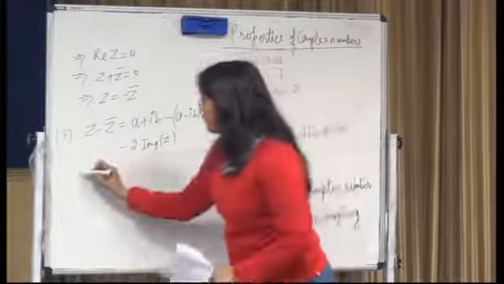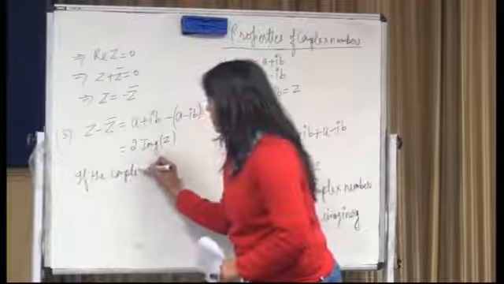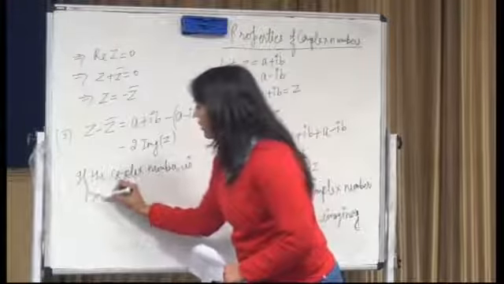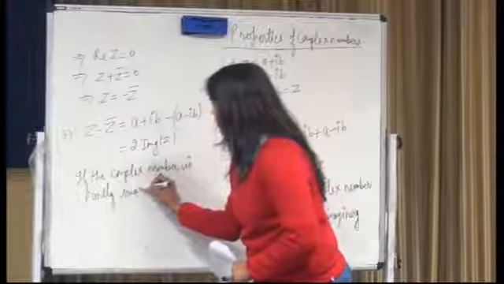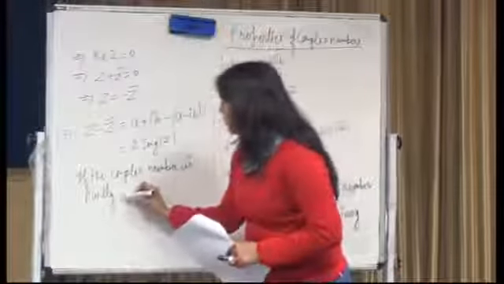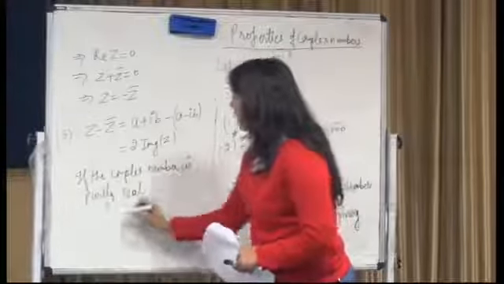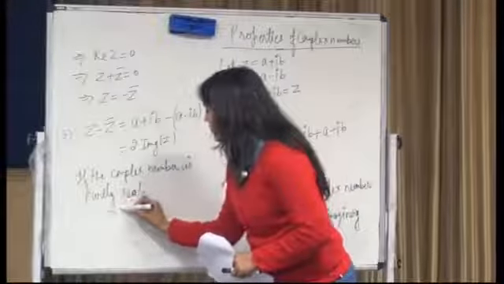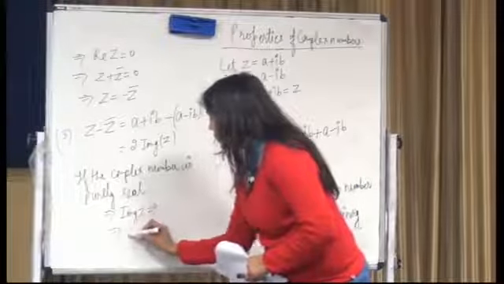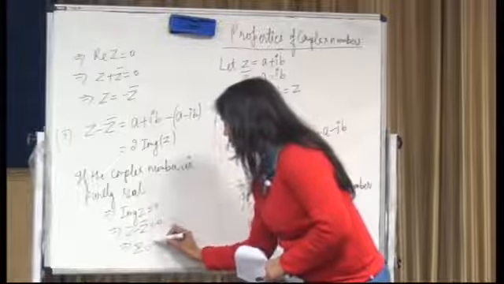If the complex number is real, this implies imaginary part of z is 0, this implies z minus z bar is 0, this implies z is equal to z bar.